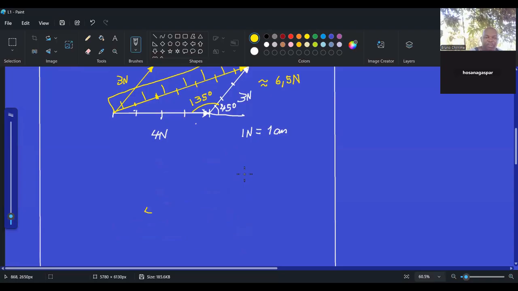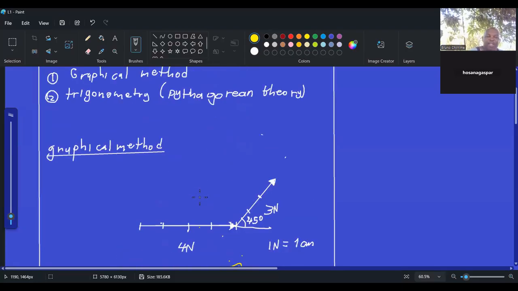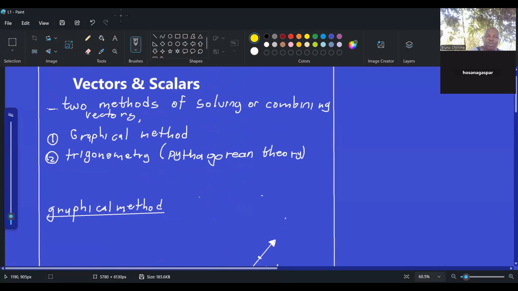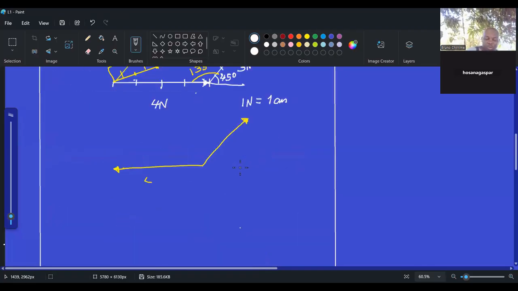This is not Pythagorean, but trigonometry. Trigonometry involves the Pythagorean method, so trigonometry is a broader term. Pythagorean is limited to right angles.